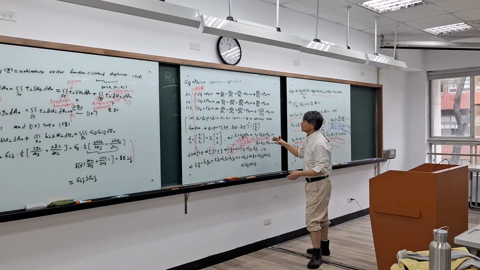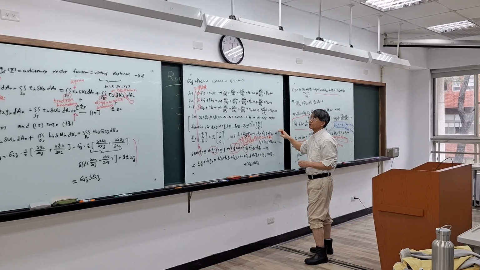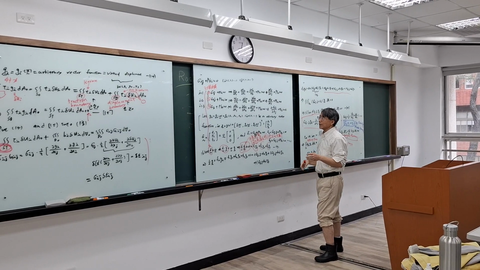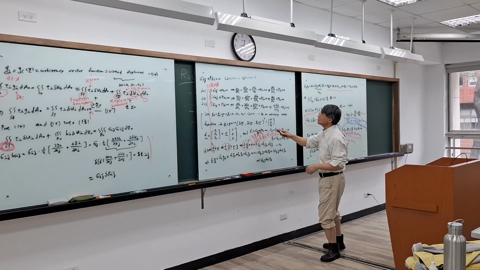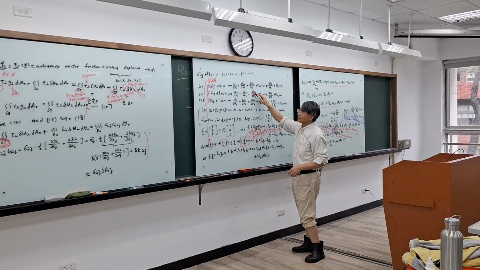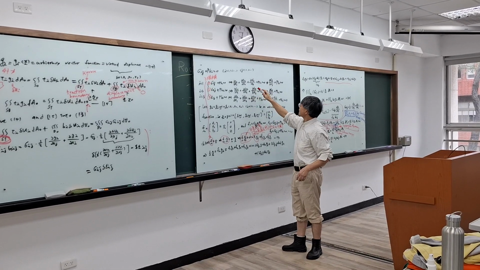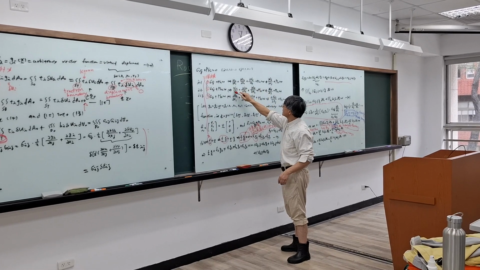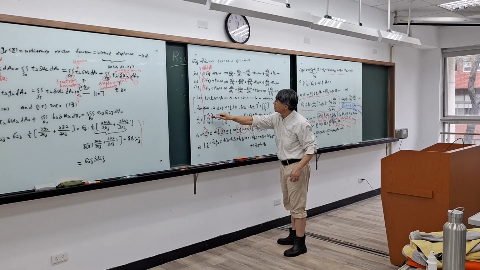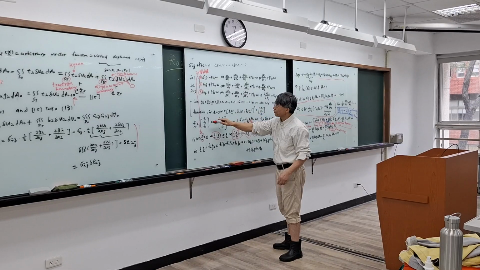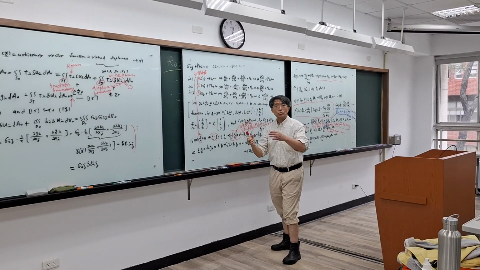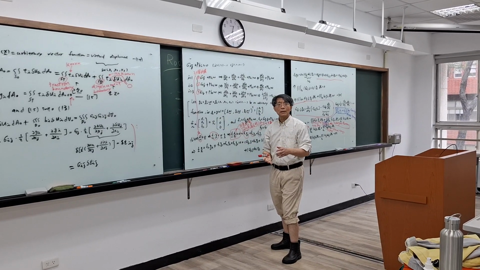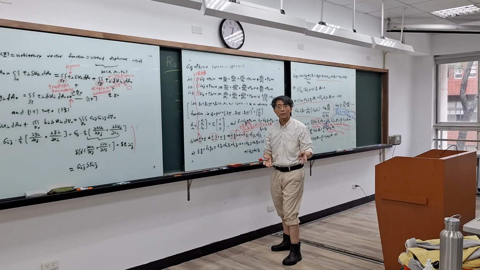And then the special point of the virtual work principle is that we take these three equations as a vector. We put this equation as F1, this as F2, and this as F3. Okay, we turn these three equations into a vector with three components.